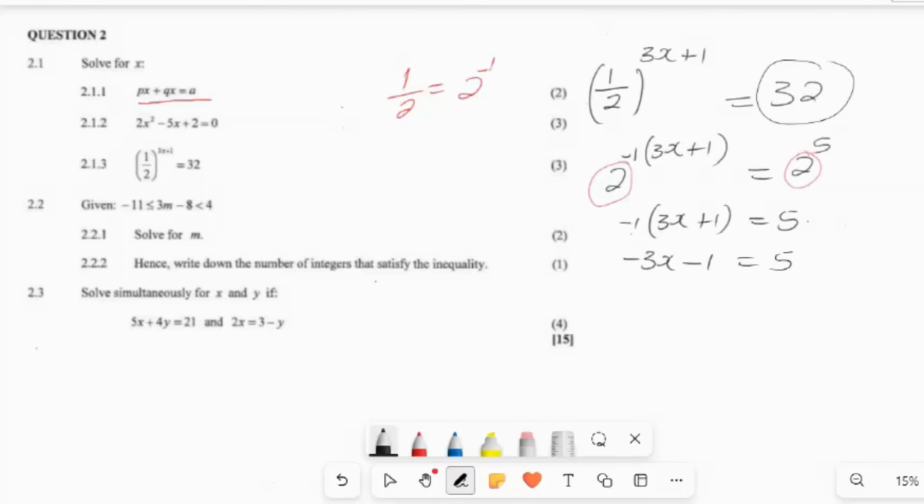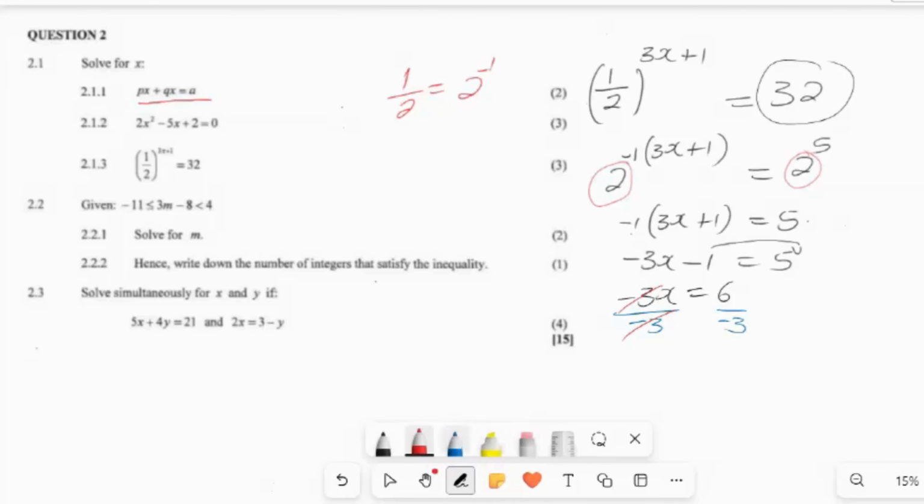We are going to transpose minus 1 to the other side. It's going to change its sign and we'll have on the left hand side minus 3x, and on the right hand side we're going to have 5 plus 1, which is 6. And here we need to divide both sides by minus 3 so that we only have x left on the left hand side.